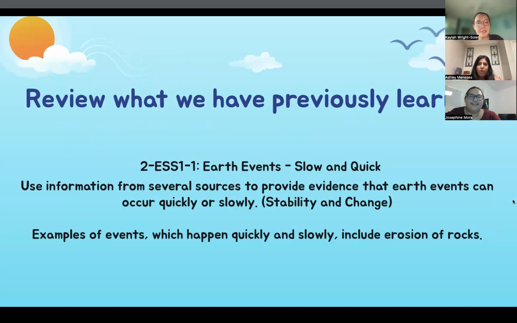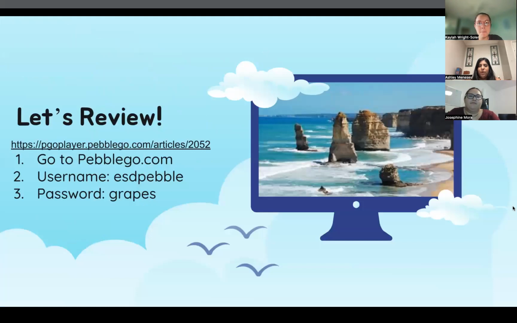So remember, we previously learned about earth events, slow and quick earth events. Use information from several sources to provide evidence that earth events can occur quickly or slowly. Examples of those events included erosion of rocks. So we're going to review what we looked at, Pebble Go.